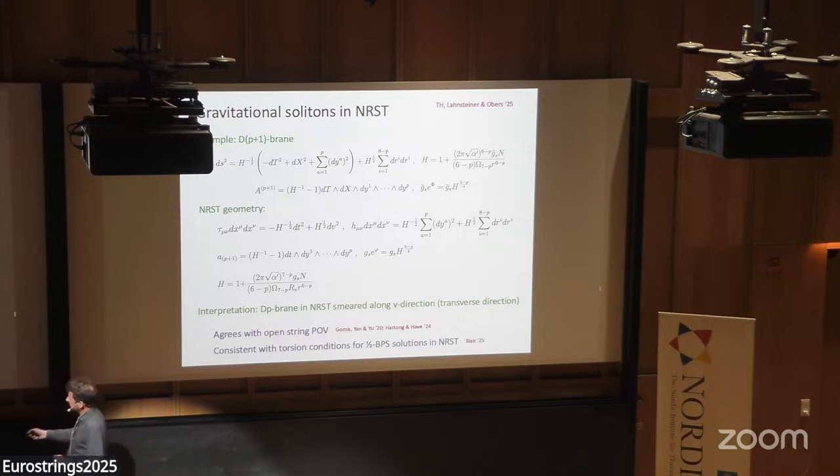It was also predicted that this solution should exist from the open string point of view, at least in the probe limit, but this is for the back-reacted Dp brane, which was not found before. And after our paper, Chris Blair figured out that this actually is a half-BPS solution in non-relativistic string theory.